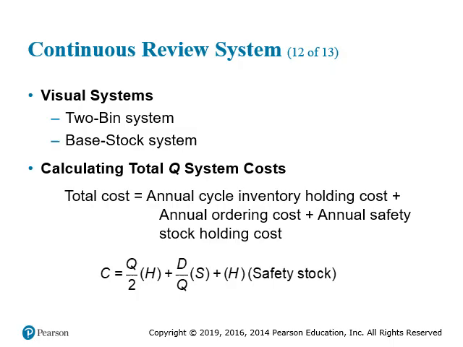Just a couple more slides dealing with this continuous review system, the Q system. One of the things that we lots of times see in practice is what we might call a visual system. I've said you need a perpetual inventory record because you need to be alerted when you hit that reorder point in order to place your order on time.